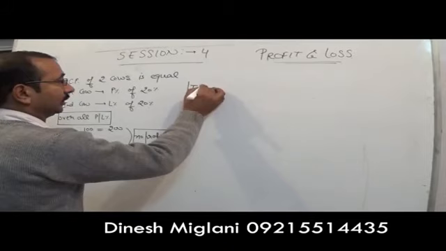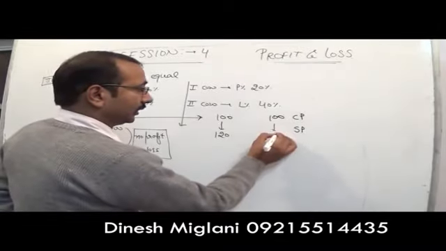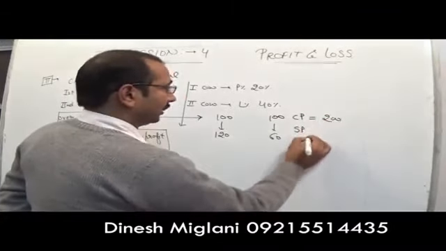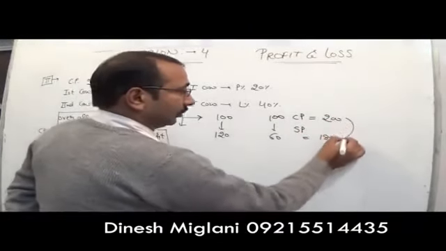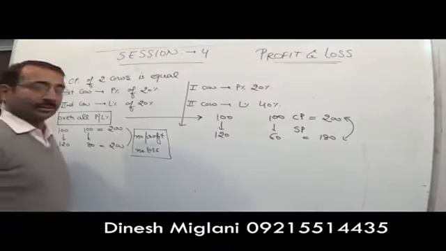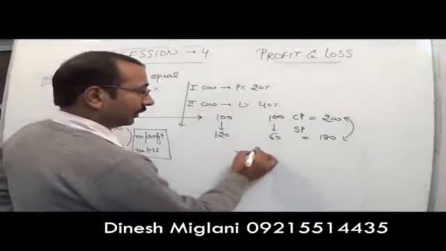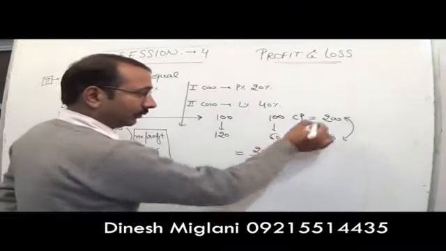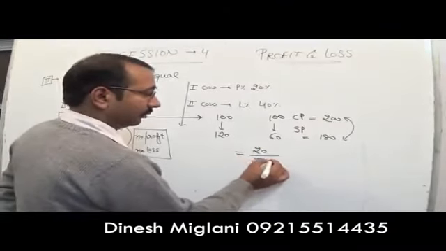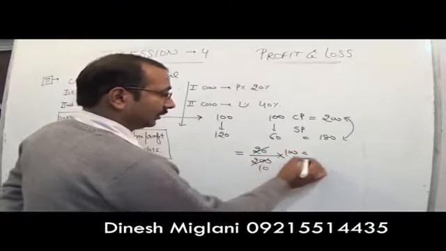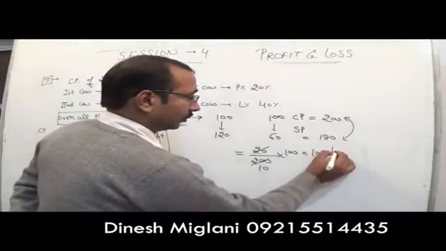We will try to find the SP. For the first cow this is 120, for the second cow this is 60. My overall CP is 200 and overall SP is 180. So I can say that my SP is less than CP. It means there is a loss, and loss is equal to 20. I have to find the loss percentage. That will be taken over CP 200 into 100, 20 by 10, answer is equal to 10% loss.